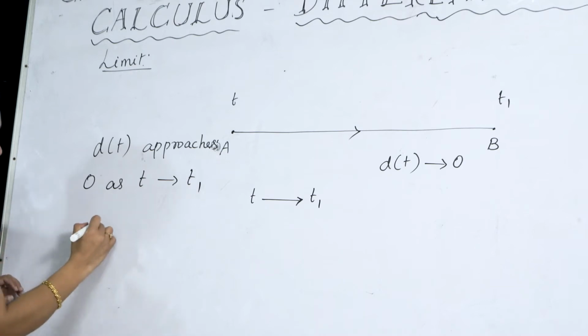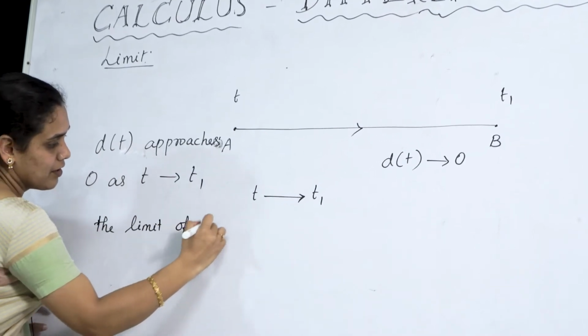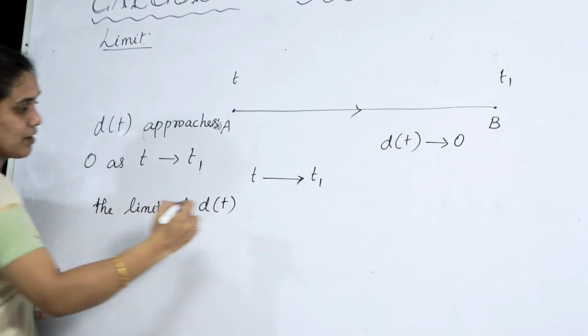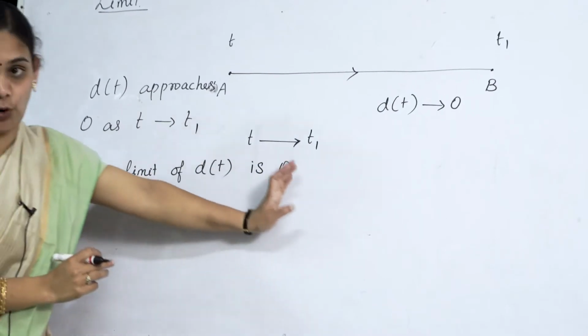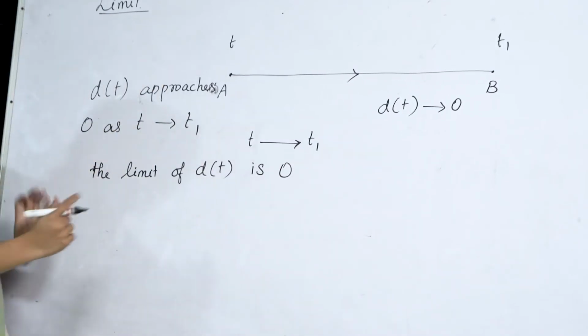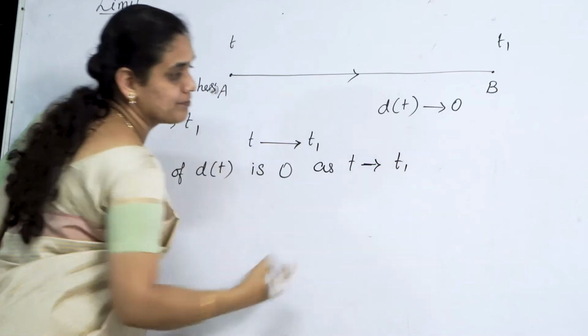Otherwise, we can say that the limit of d of t is 0, or d of t approaches 0 as t approaches t1. Okay.